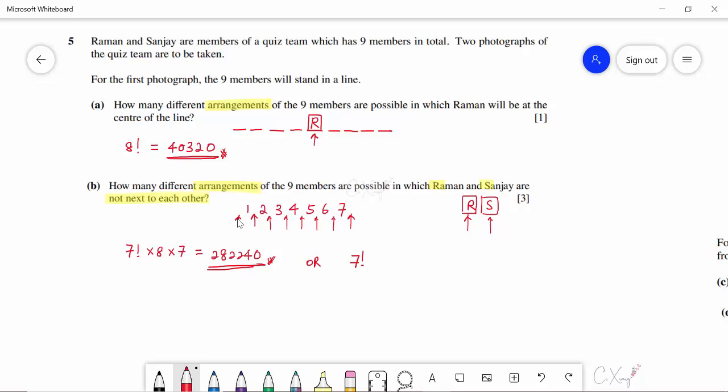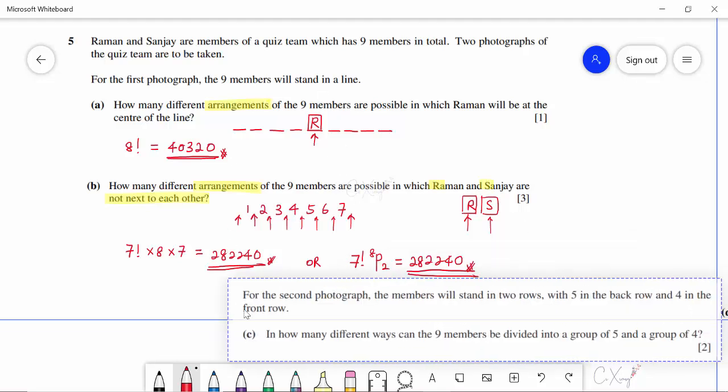So that means you have 8 spaces and you can arrange 2 persons. So it can also be 7 factorial multiplied by 8P2. And in the end you will see that the answer is actually the same for both methods. So this is what we have for part number B, and now let's proceed to part C.